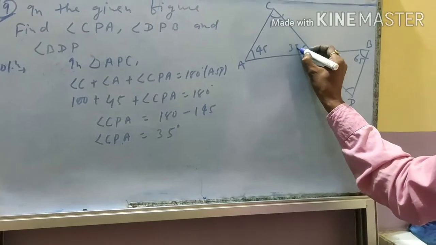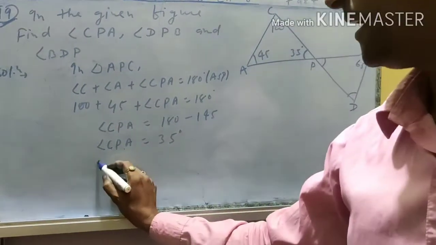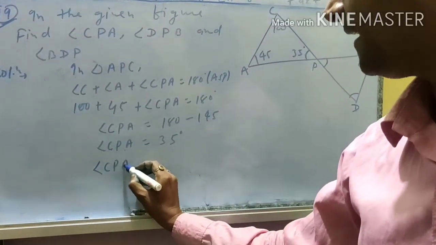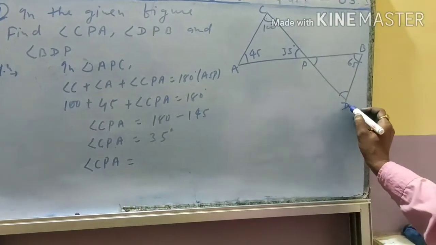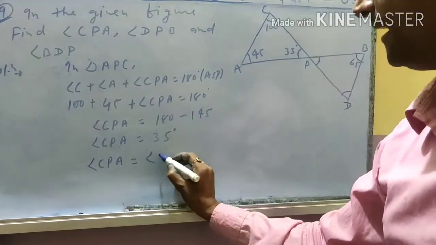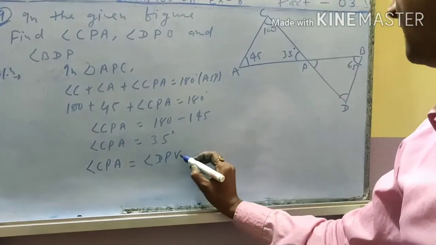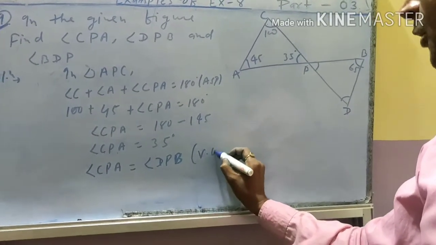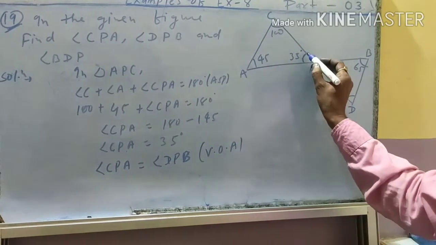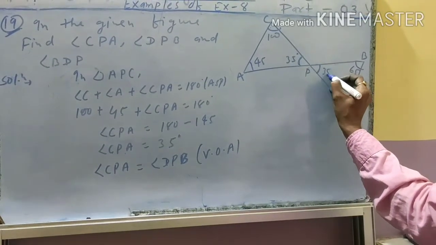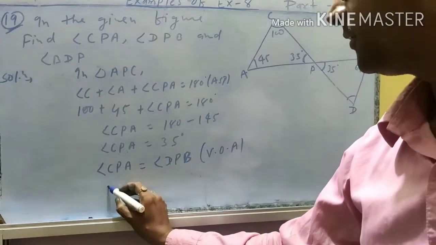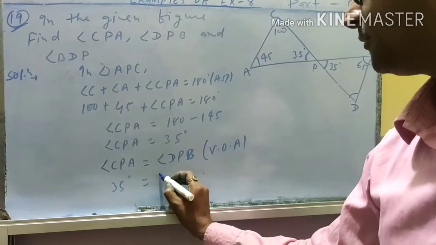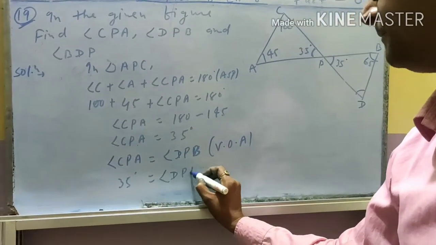That means this angle is equal to 35 degrees. So angle CPA is equal to angle DPB, the reason is vertically opposite angles. By vertically opposite angles, this angle is also 35 degrees. So 35 degrees is equal to angle DPB.